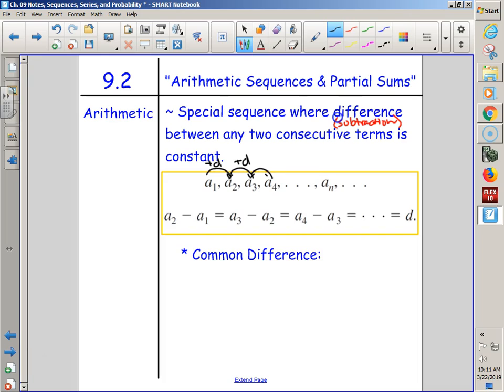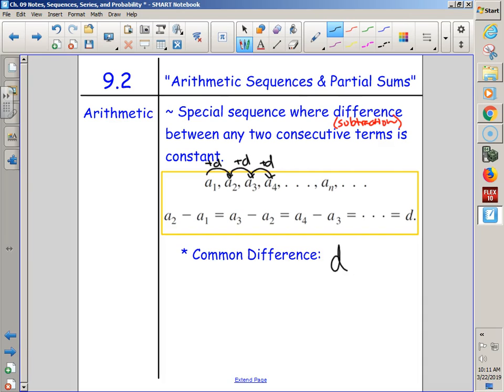How to get from the previous to the latter. You're always going to be adding the exact same number, which is that same D. So to work backwards, once it's already given to you, you can check and see if it's arithmetic. If by subtraction, they all end up with the same number, or you can just look in your head and say plus, plus, plus, is it all the same? The common difference, that's the name for that little letter D.